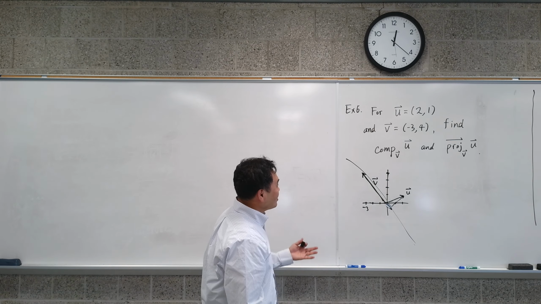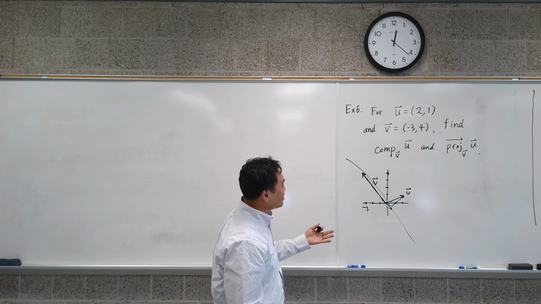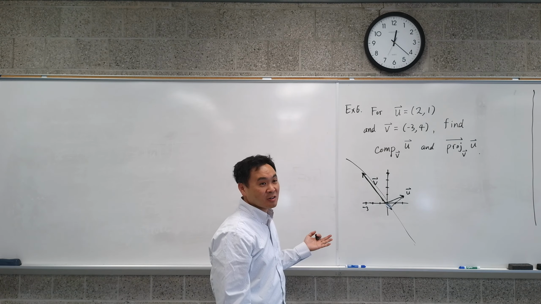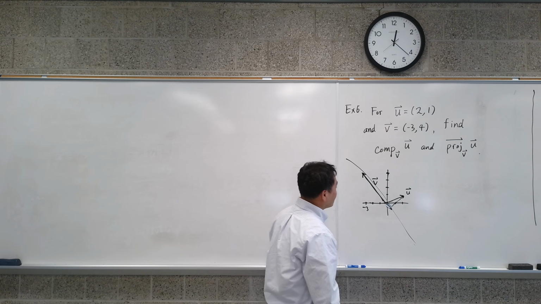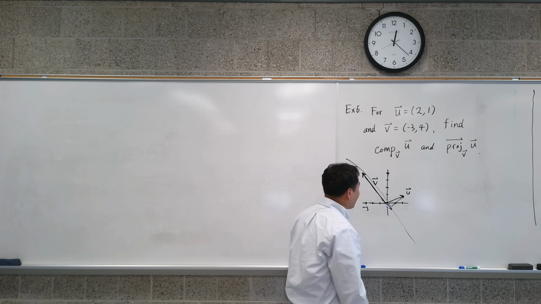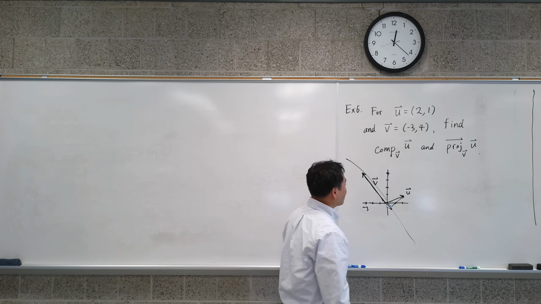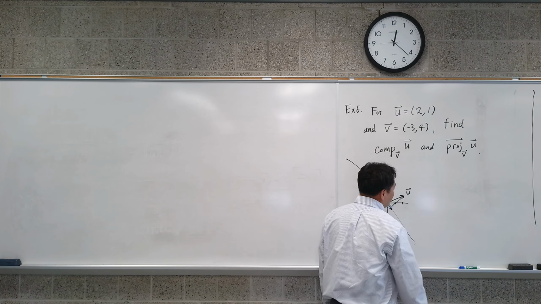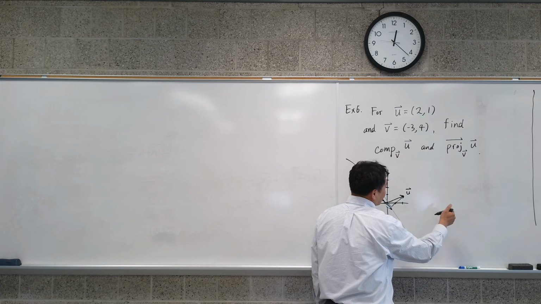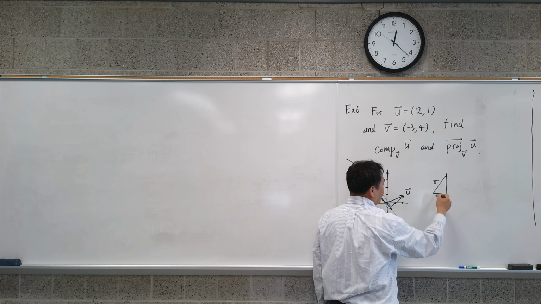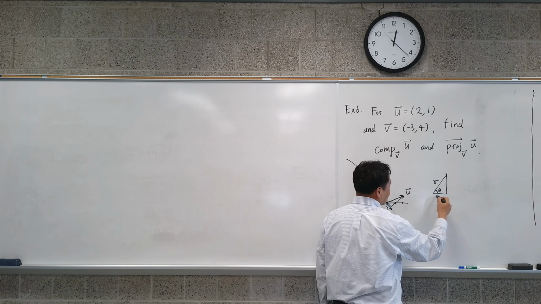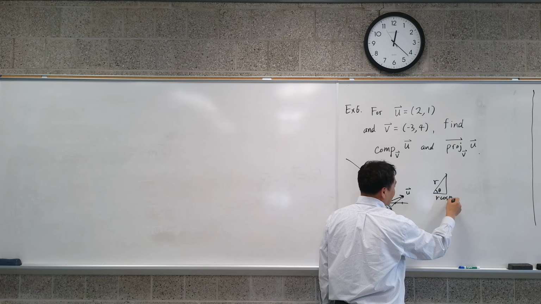Now, it's not a hard question because all you have to do is just plug and chug. Okay? You just have to remember the formulas. But it would be helpful if you did know why such and such things work. So first of all, component is just this principle that if you have this length r, then an angle theta, then this side is r cosine theta.